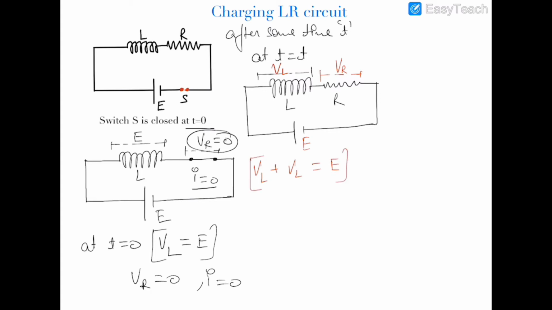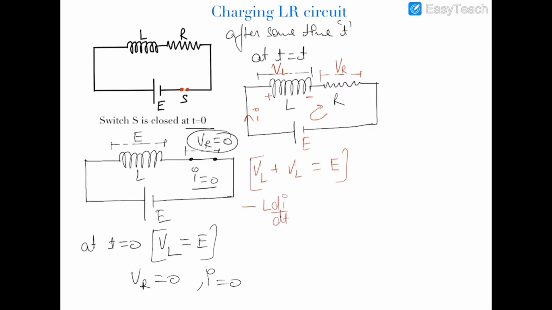Now at this moment the current would be increasing because we are talking about charging, so current is increasing, and for that increasing current the polarity of EMF would be like that across the inductor. And if I apply the KVL, then it would be minus L di by dt.